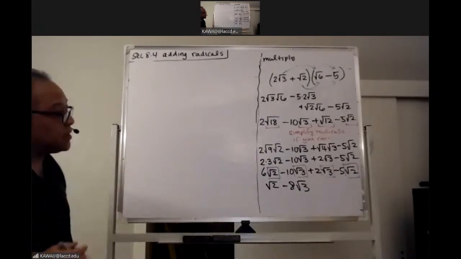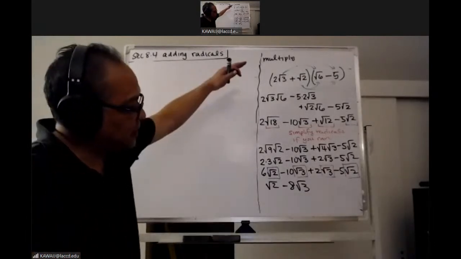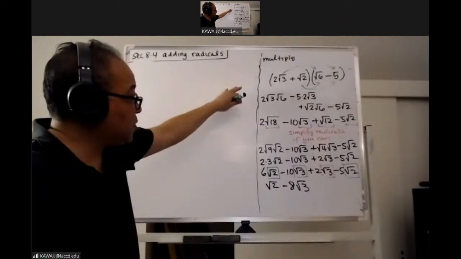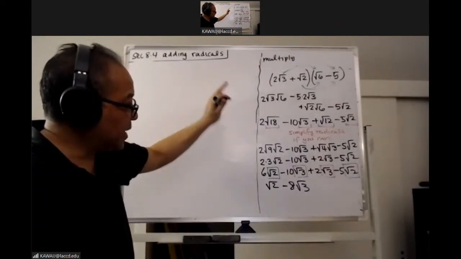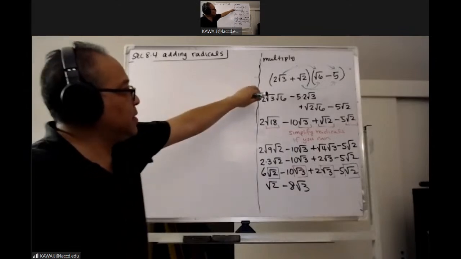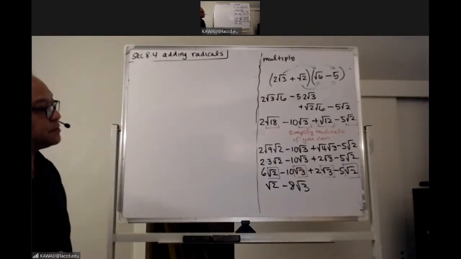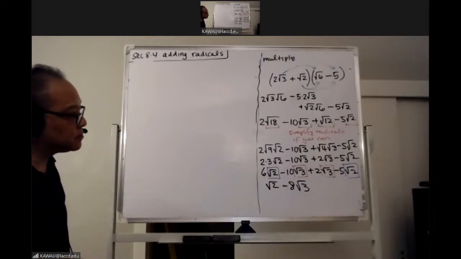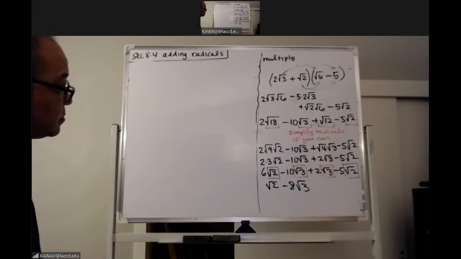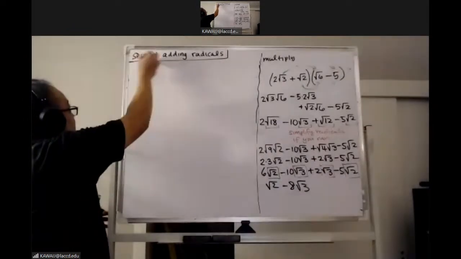And because this sort of has everything, it tests whether you can multiply radicals, whether you can add radicals. This is almost always on the exam. So let's try it again.